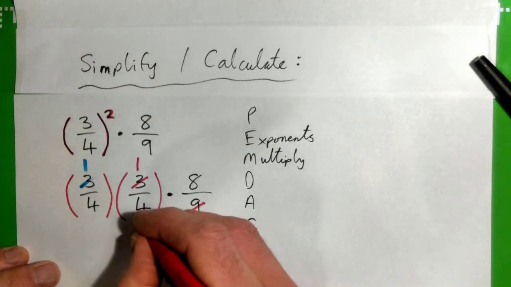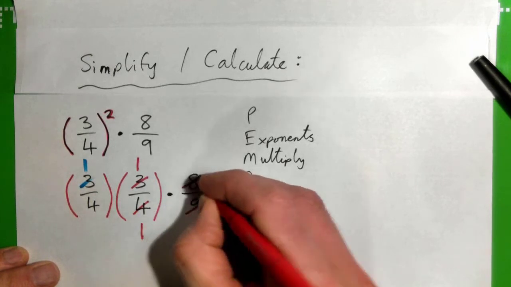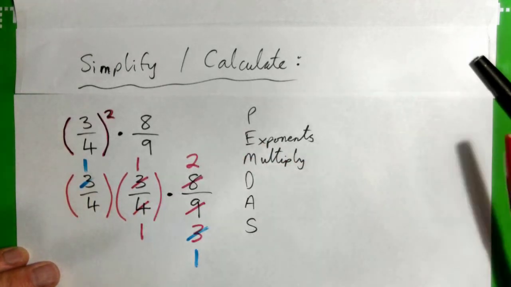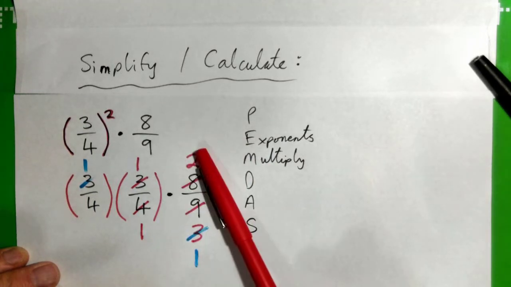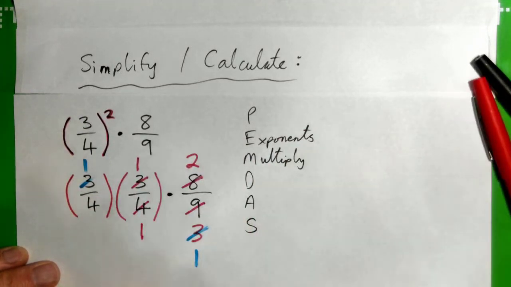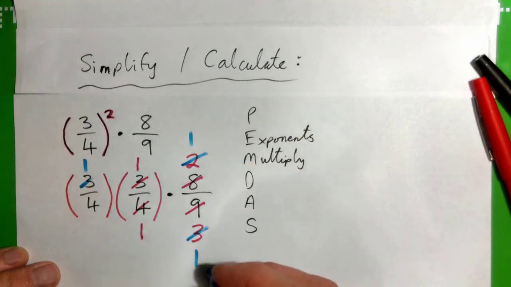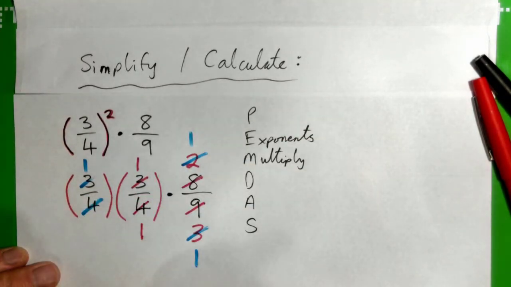Yep. 4 into 4 goes once. 4 into 8 goes twice. Good. So now I've got a 2 up here and a 4 down here. How can we cross cancel these? Yep. 2 into 2 goes once. 2 into 4 goes twice.